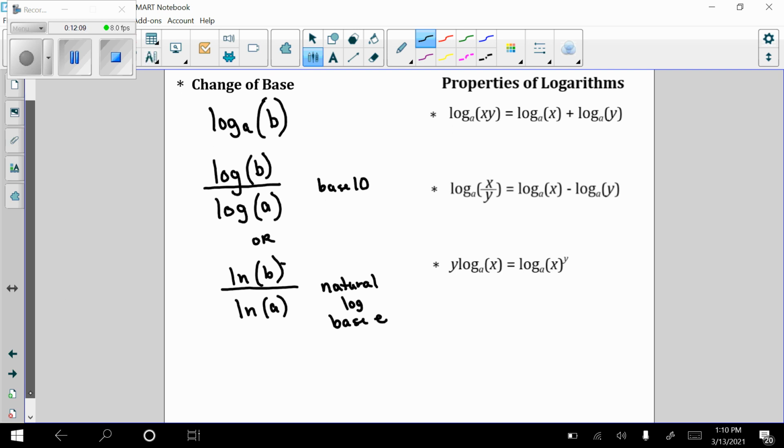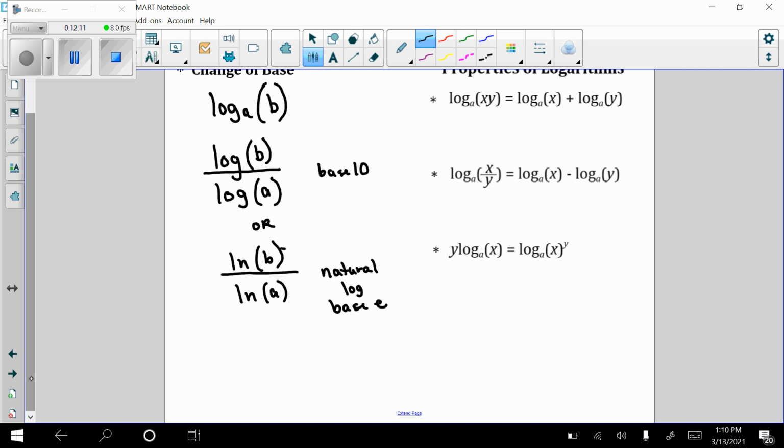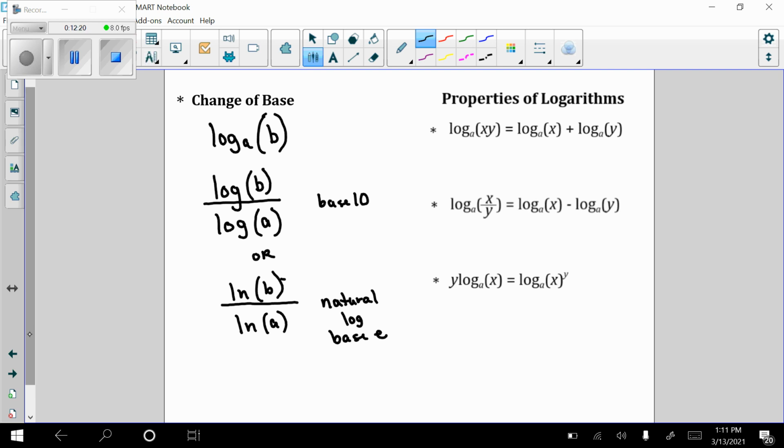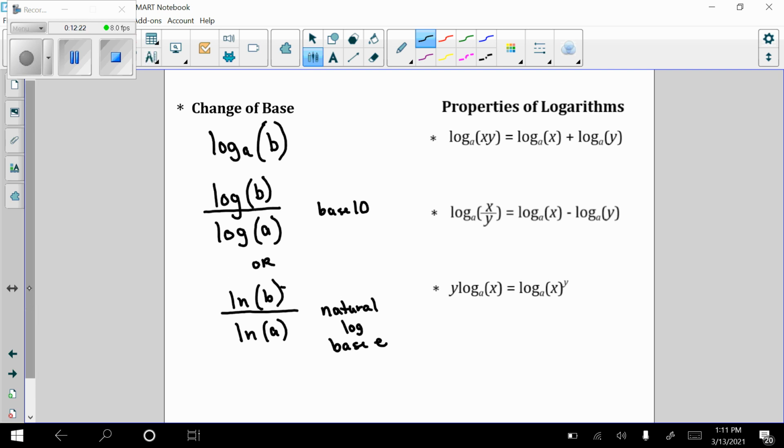You could change it to other bases if you wanted to, but honestly, I don't really see the need for it, unless you're in a higher level class and you have a bunch of logs with different bases. All right, so here are the properties of logarithms. They should look a little bit familiar. For this one, this is called your product property.